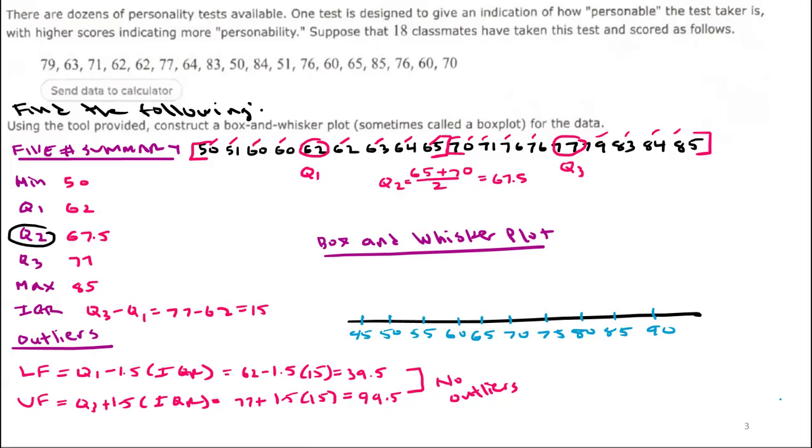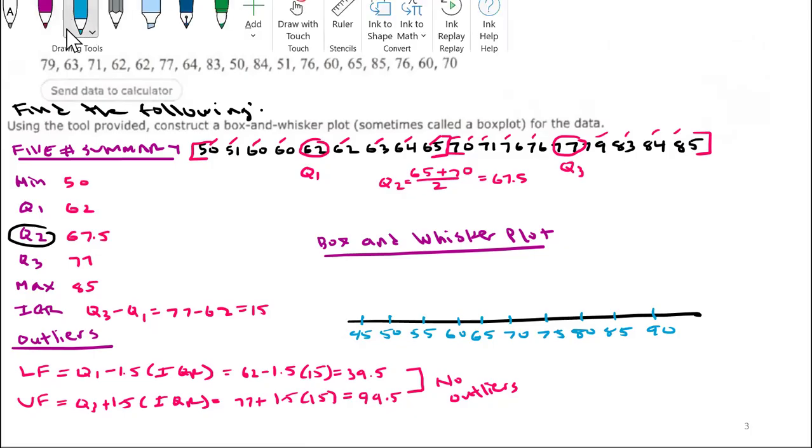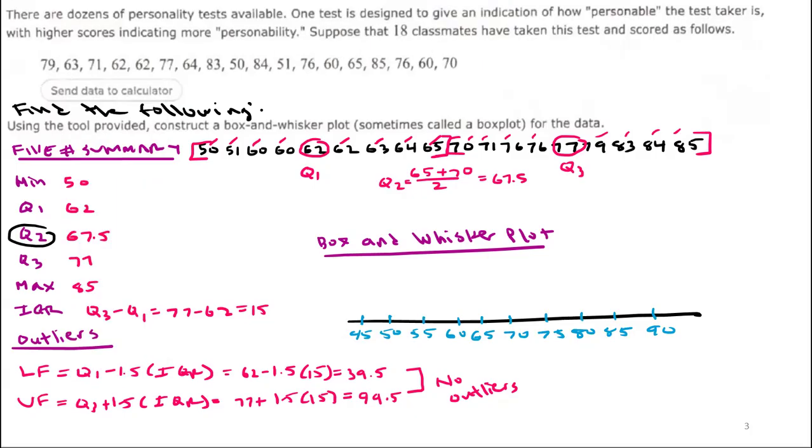All right, so again, the first thing is you need to plot your points. So my lowest point is 50, so I'm going to plot that there, and I'm going to write 50. And then my next point is 62, so that's between 60 and 65. So I write down 62 here. The next point is 67.5, so that's between 65 and 70.